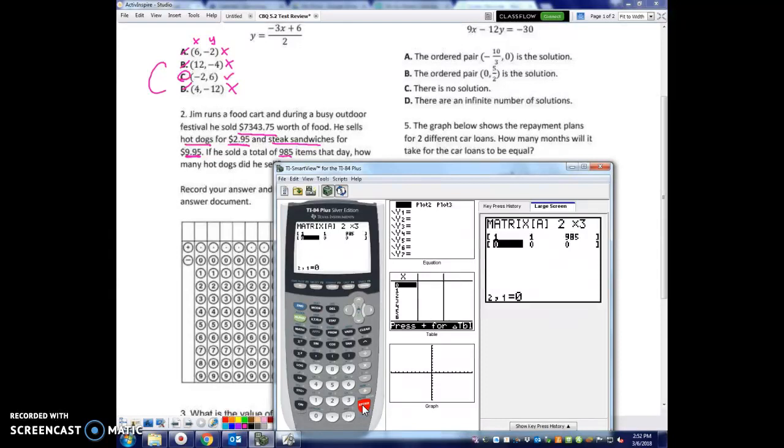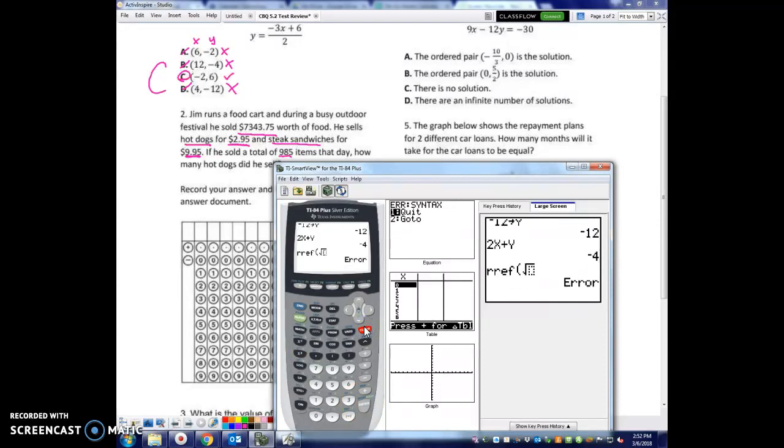And then we do 2.95, and then 9.95, for a grand total of 7343.75. Okay, now we have to quit. Go back into matrix, over to math, RREF, go back into matrix A.